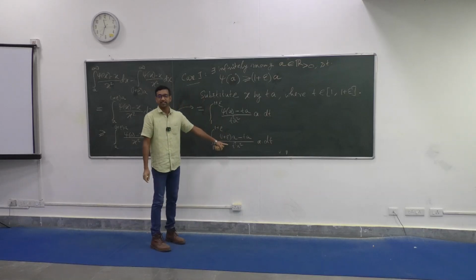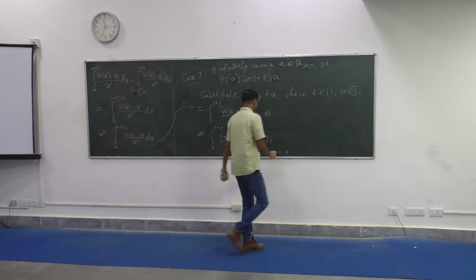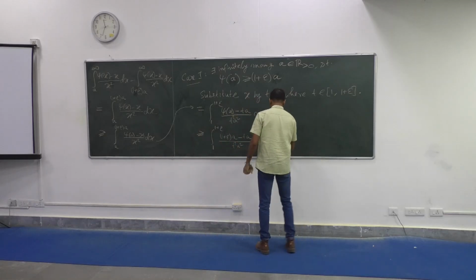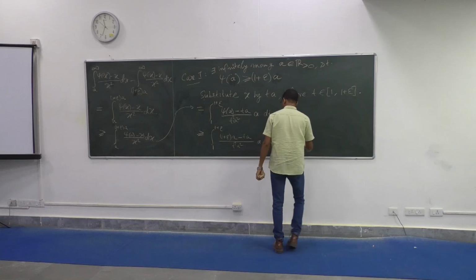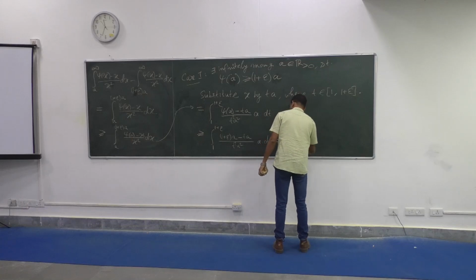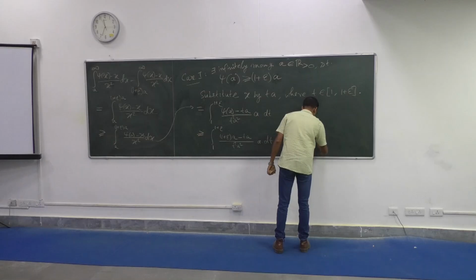Note that all the a's cancel from the right hand side. So we get that this is the integral from 1 to 1 plus epsilon of (1 plus epsilon minus t) by t squared dt.